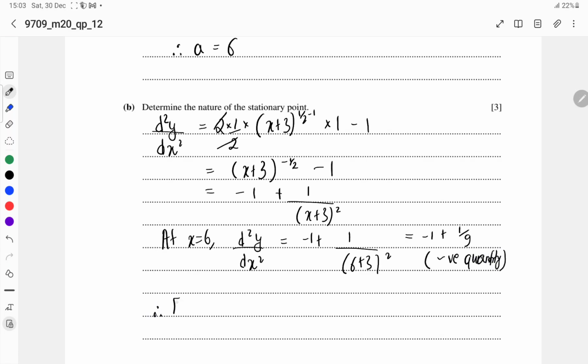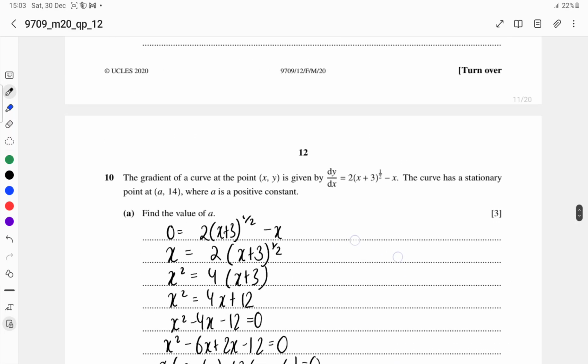Therefore the stationary point is going to be a maximum, right? Because whenever the second derivative is positive, we get a minimum, and whenever the second derivative is negative, we get a maximum. The stationary point is a maximum. Yeah. Then after, we are going to solve 10b.